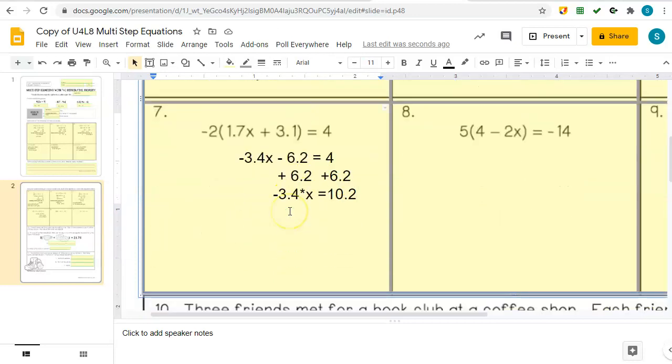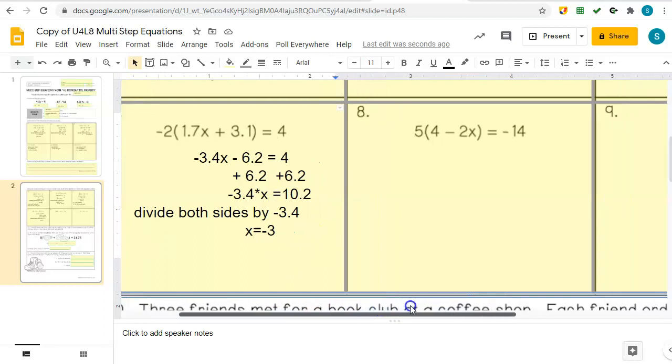We're going to take 10.2 and divide both sides by negative 3.4. And when we do that, we get x equals negative 3. Alright, now again, we should take the time to check it, but I don't want this video to go too long. It turns out when you check it, that does work.